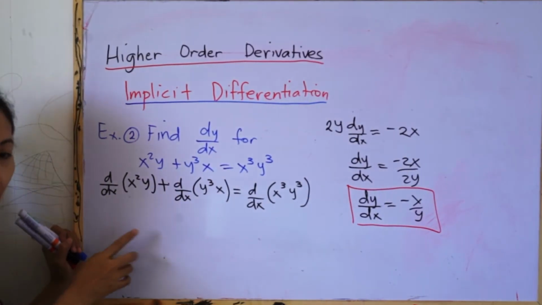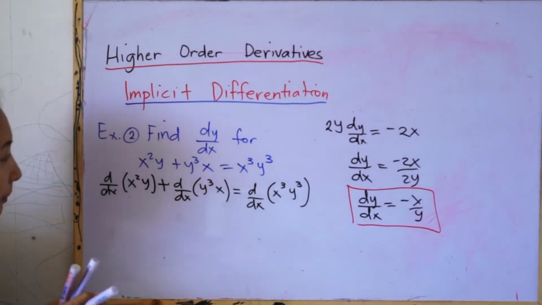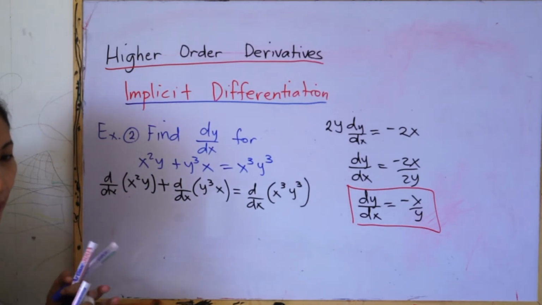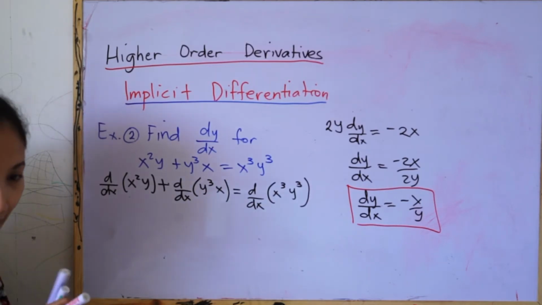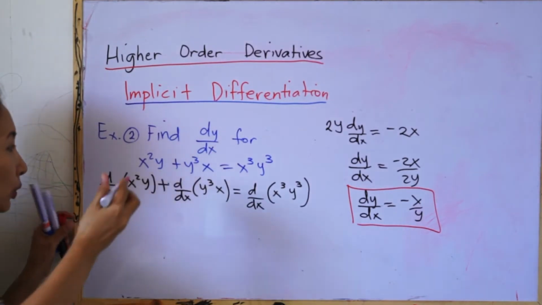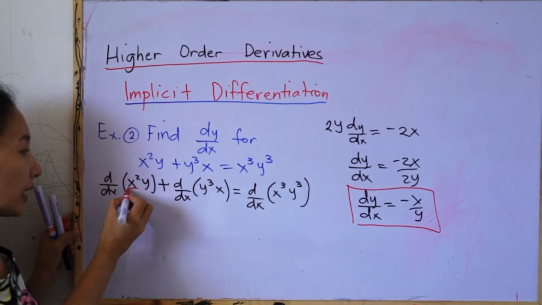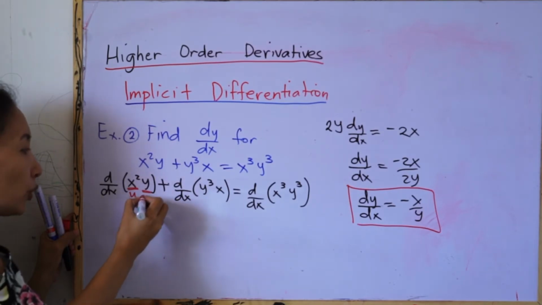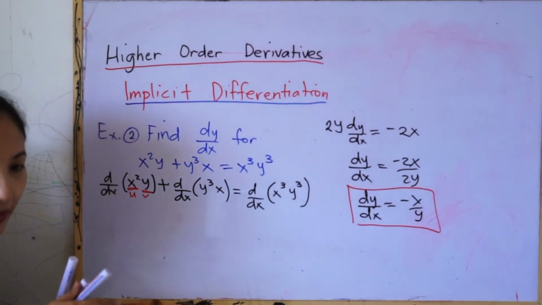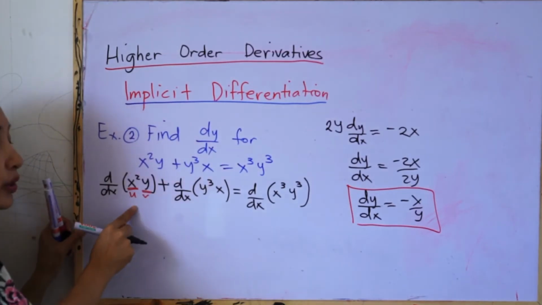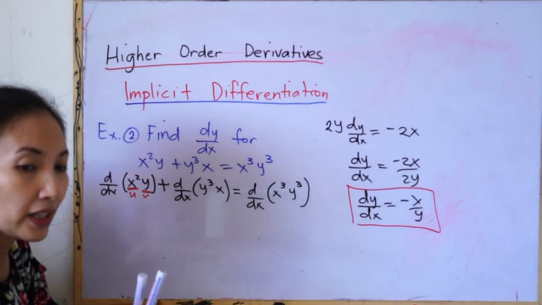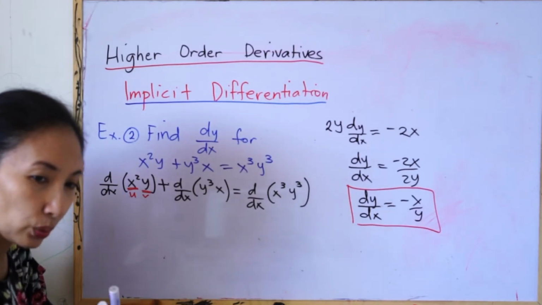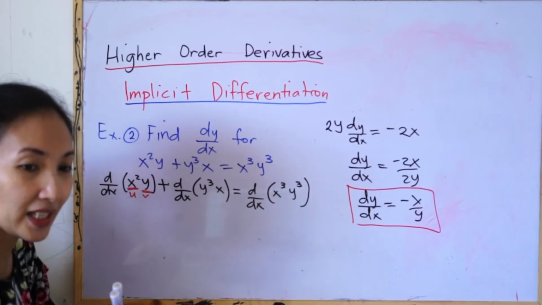Okay, now looking at the first term of the given, x squared y. Okay, which rule are we going to apply for the first term? Okay, the product rule, because this is a factor, this is another factor. So, apply the UV rule. Remember your UV. So the derivative of a function that takes the form u times v is equal to u dv plus v du.